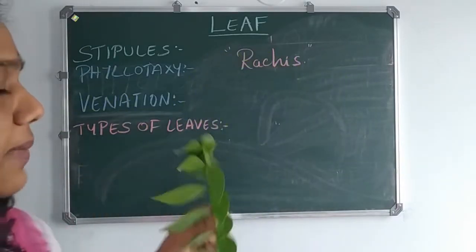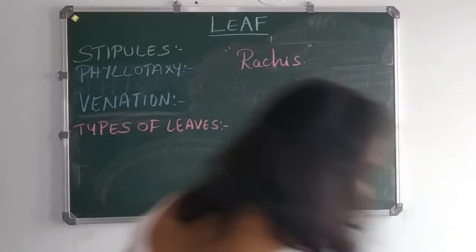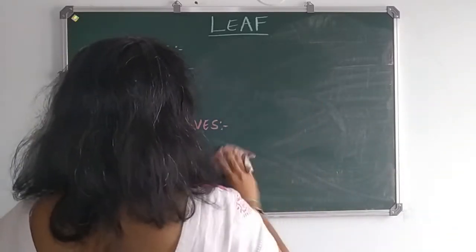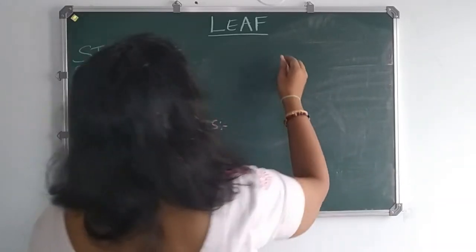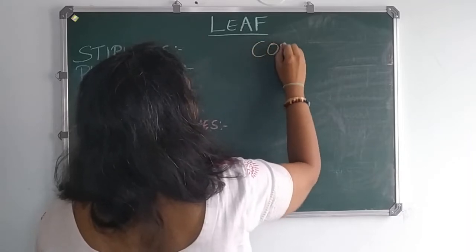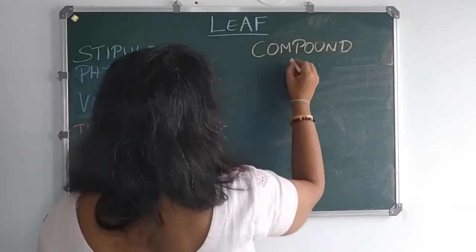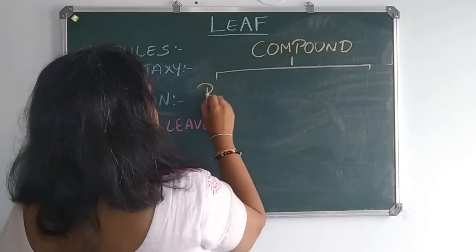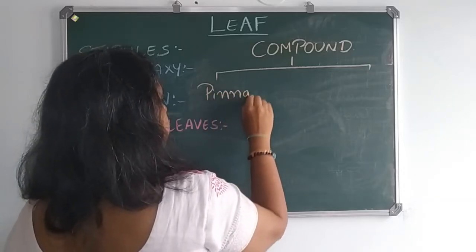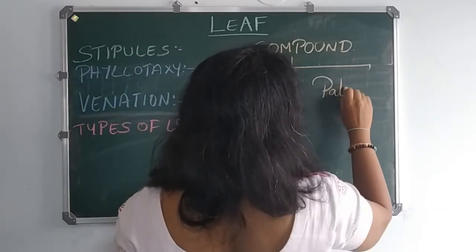Now we are going to learn about the classification of the compound leaf. How do we classify it? Compound leaf is classified into two types: pinnately compound and palmately compound.